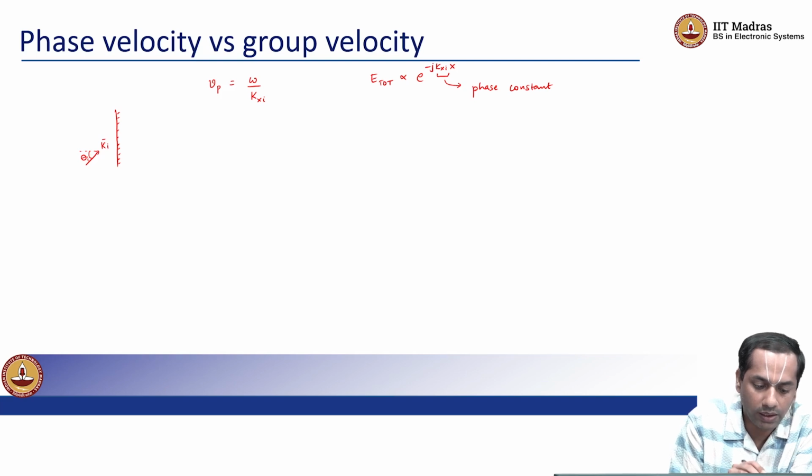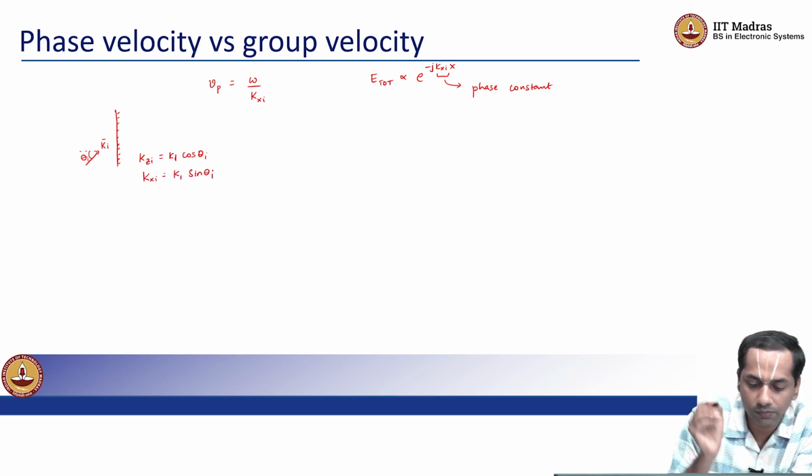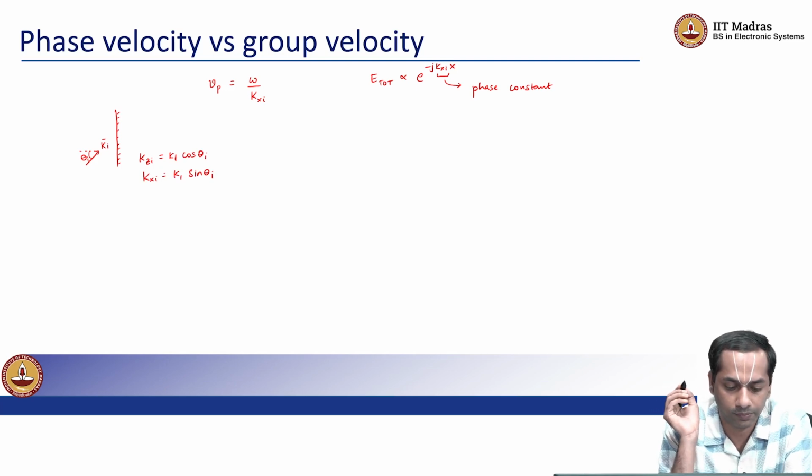So k cos theta would be kz. So k1 cos theta I is kz, and kxi is k1 sine theta I.